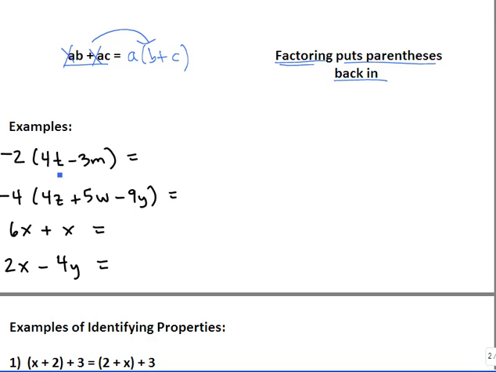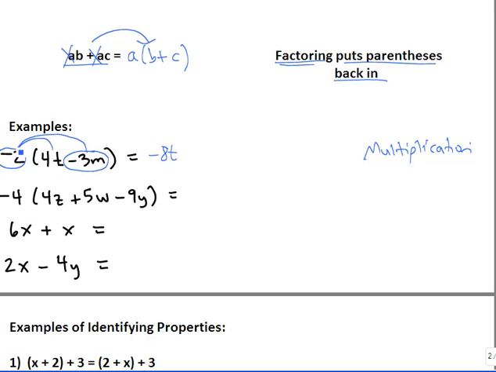On this first example, I have parentheses in my original problem, so this must be a multiplication type of problem. So what we're going to do is get rid of the parentheses by distributing. Negative 2 times 4t is negative 8t. Then we're going to distribute that negative 2 across to the 3m, and what I like to do is take the sign in the middle and associate it with the 3m.